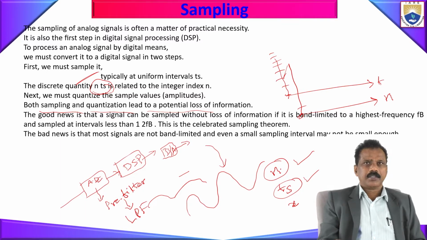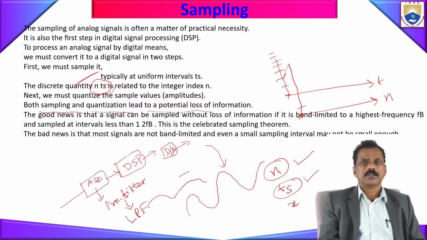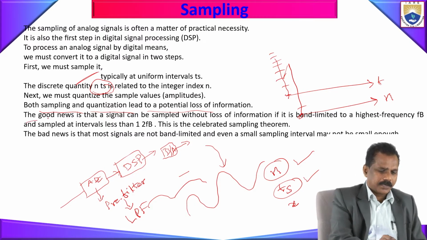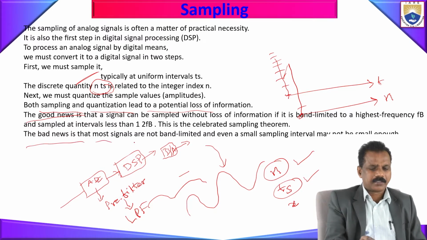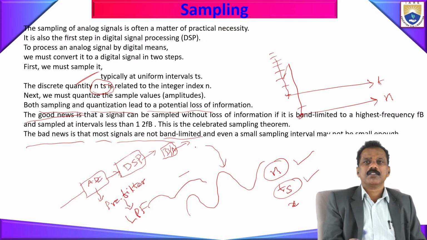The good news is that the signal can be sampled without loss of information if it is band limited to a highest frequency and sampled at intervals less than 1/(2 fmax). This is the celebrated sampling theorem. The bad news is that most signals are not band limited, and even a small sampling interval may not be small enough.